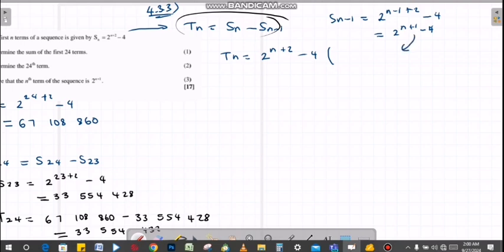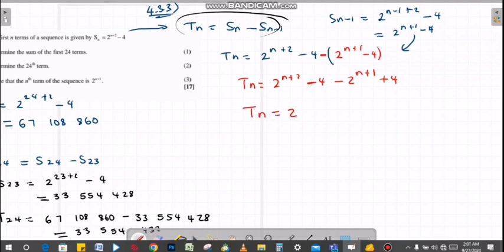So now let's substitute this here, minus 2 to the power of n plus 1 minus 4. Now let's open our bracket. We'll have 2 to the power of n plus 2 minus 4 minus 2 to the power of n plus 1 plus 4. Minus 4 plus 4 is 0.